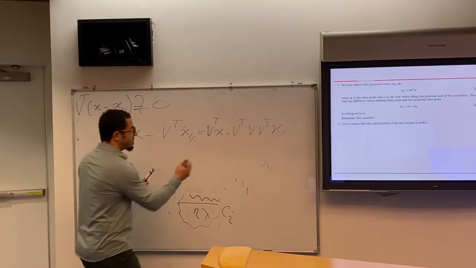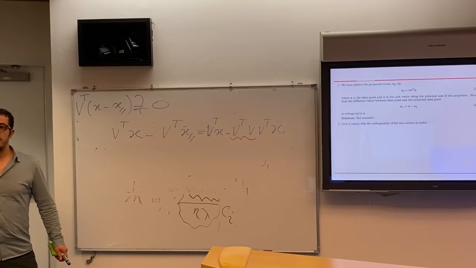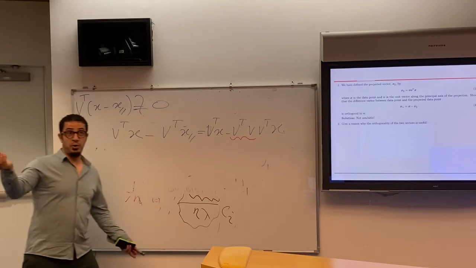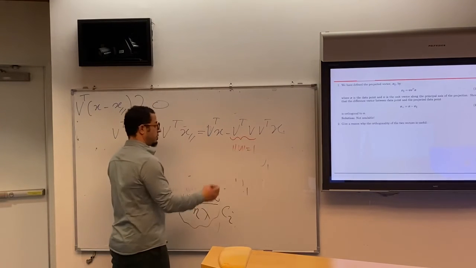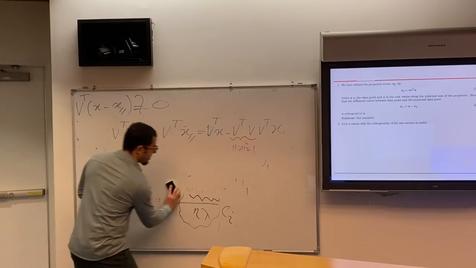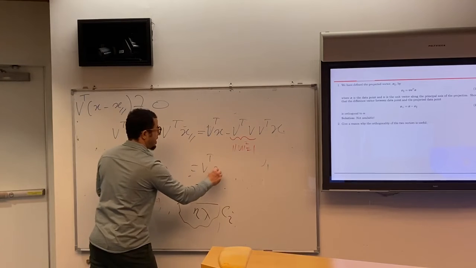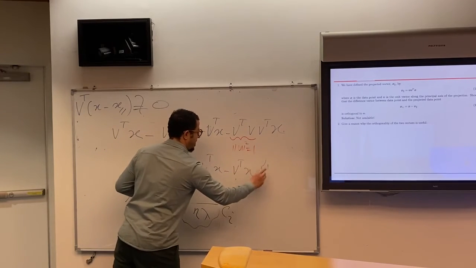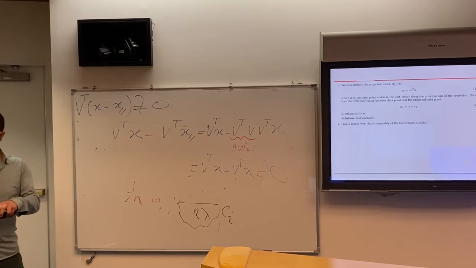What is this value here, is it a value or a vector? It is a value, the modulo of v, and it is equal to 1. So we can remove it. So what will be here? v transpose x minus v transpose x, and for sure it is 0. So yes, they are perpendicular.